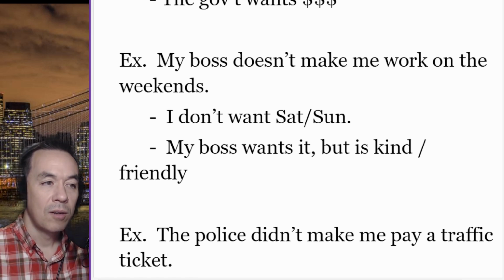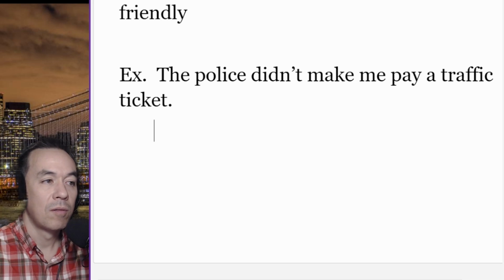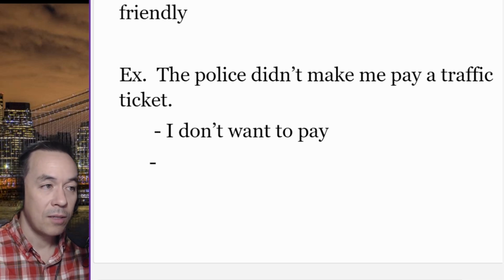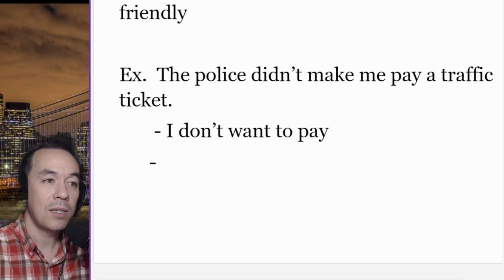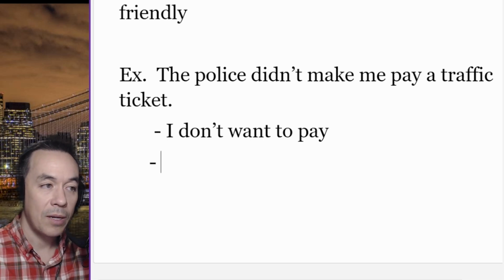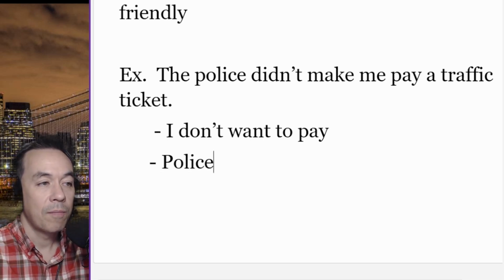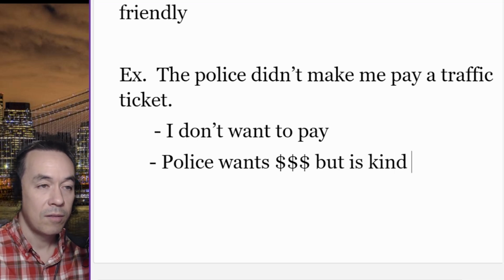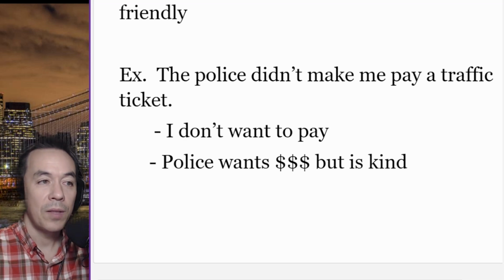Okay, so still, I don't want to pay. I don't want to do that. The police maybe wants it. They might want to give the ticket. They might say, okay, you did something, you have to pay. Police maybe wants the ticket, wants that money, but is kind. Says, no, you don't have to. It's okay. You can go. Police didn't make me pay a traffic ticket.